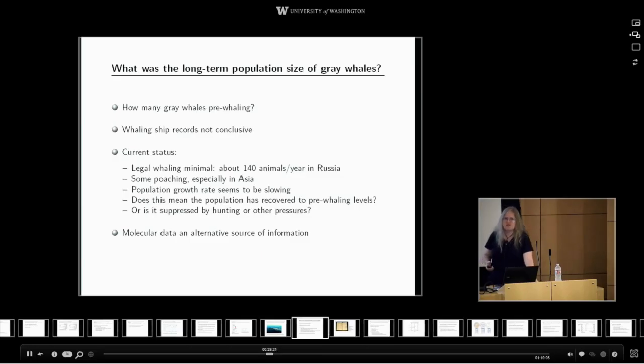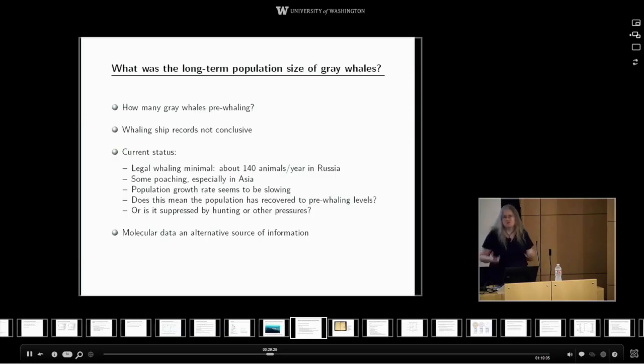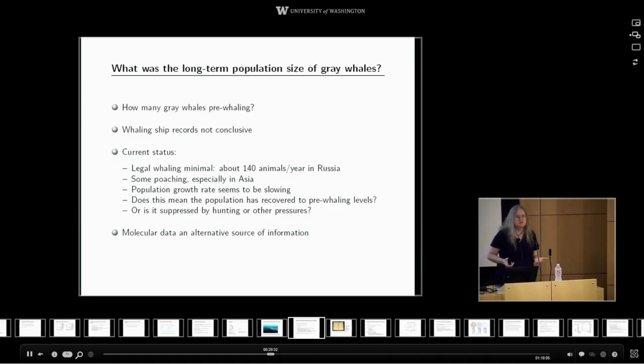The current status of this animal is that there's a very, very small amount of legal whaling, mainly on behalf of First Nations peoples, particularly in Russia, about 140 animals a year. There's also some poaching, especially in Asia.